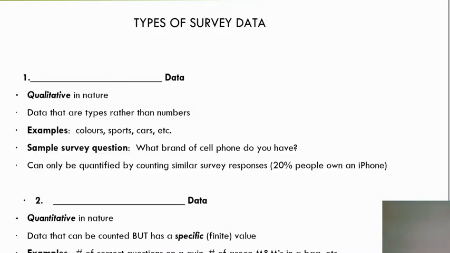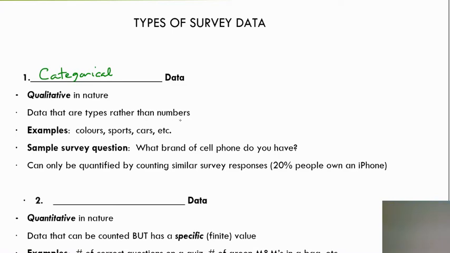All right, so we have different types of survey data. Now this particular part doesn't match exactly with your note, but it's important information, so you might want to copy this out. So we have certain data that is called categorical data, and it is qualitative, meaning we can describe things with it, like colors, sports, cars, data that are types rather than numbers.